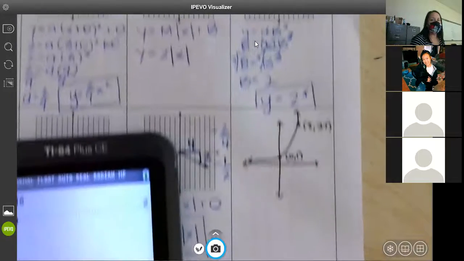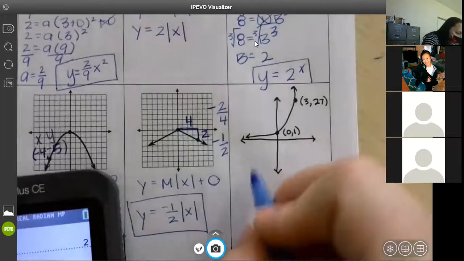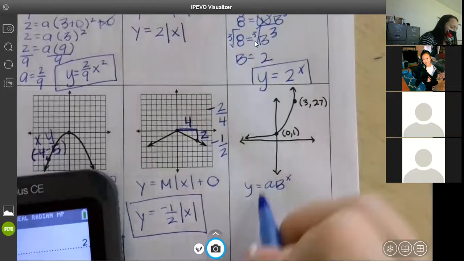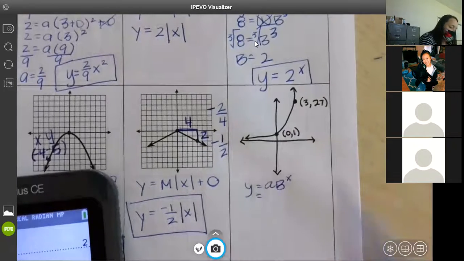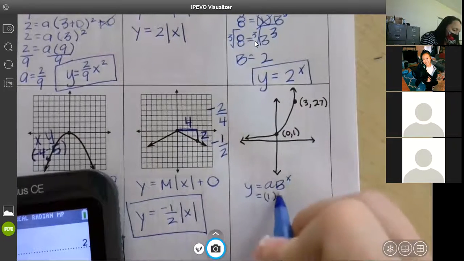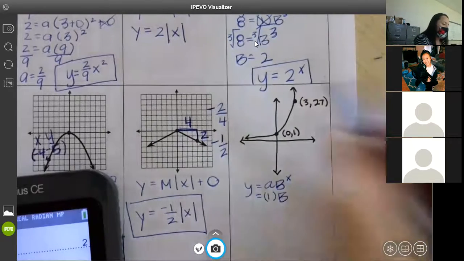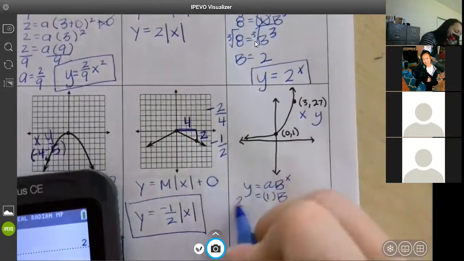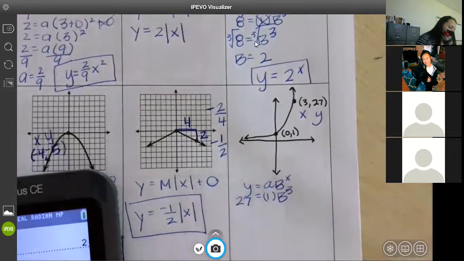Okay, so if we look at the next one, we have the same thing, y equals ab to the x. Our y-intercept is at 1, so our a is 1. We don't know b, and then they gave us our x and y coordinate. So our y is 27, our x is 3.